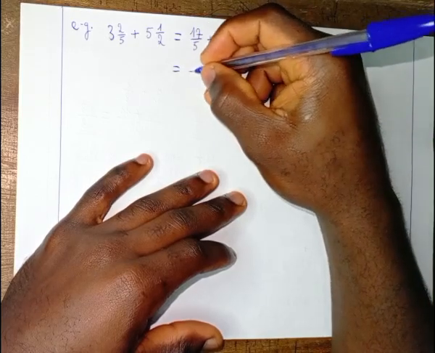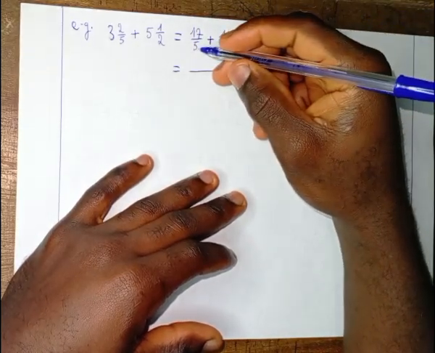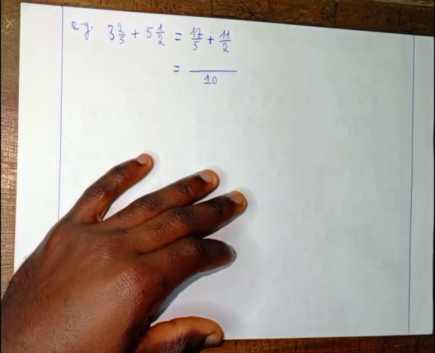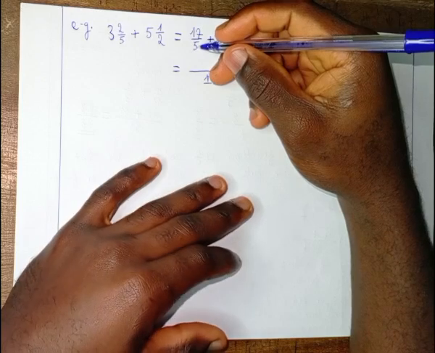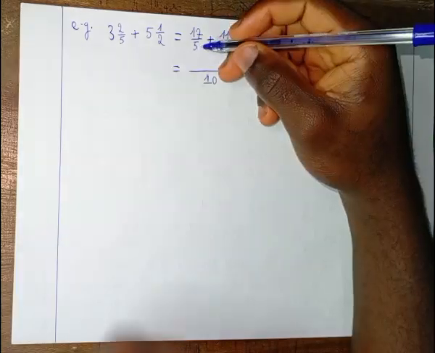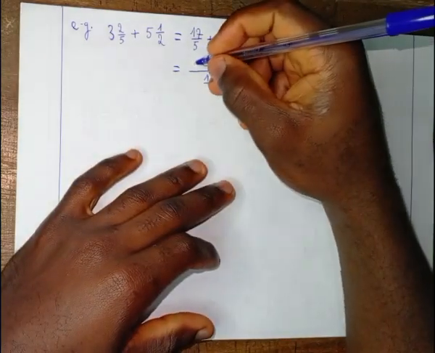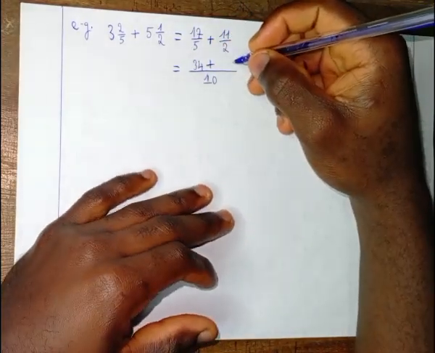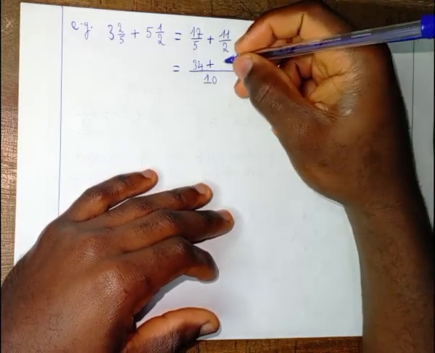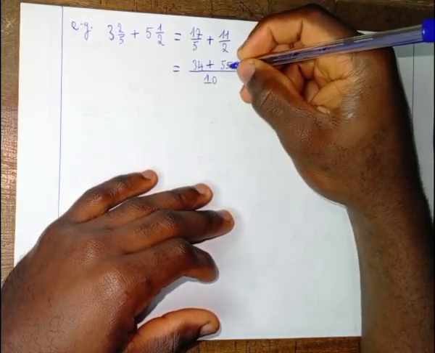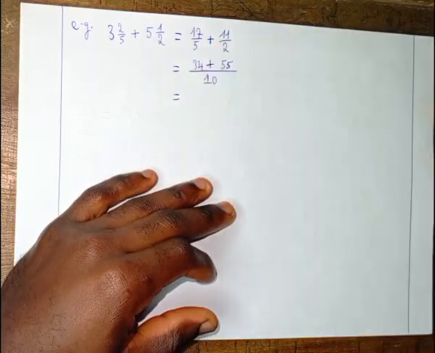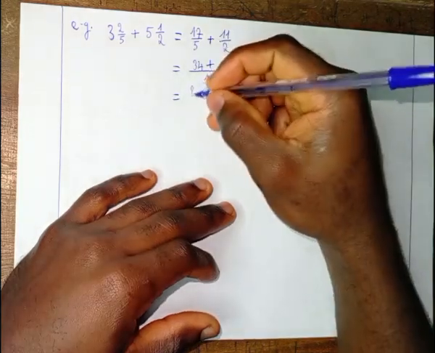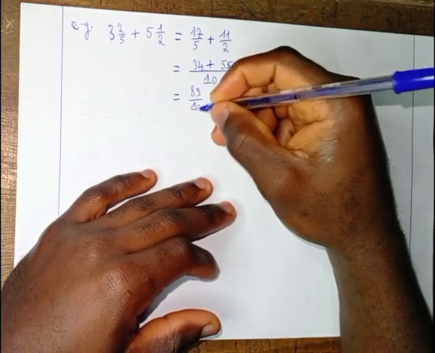Next step, we have to find the LCM of their denominators. The LCM will simply be 5 times 2, which is 10. 10 divided by 5 gives us 2. 2 times 17 gives us 34. We bring down the operation sign, which is addition. 10 divided by 2 gives us 5. 5 times 11 gives us 55. Next step, we have to add 34 plus 55 gives us 89 all over 10.